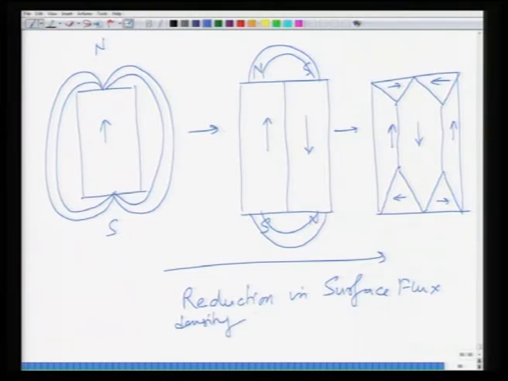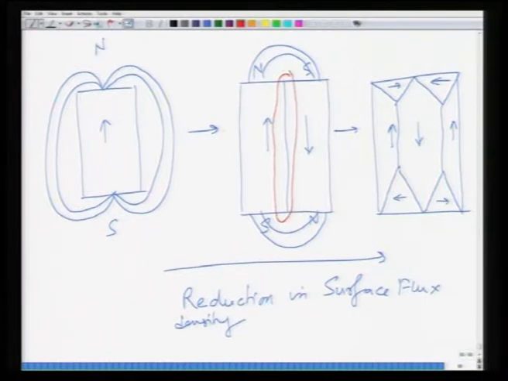But although you have a reduction in the surface flux density, or decrease in the magnetostatic energy, you also have the introduction of these regions, which are nothing but domain walls. And a domain wall, as we have seen before, is a surface.